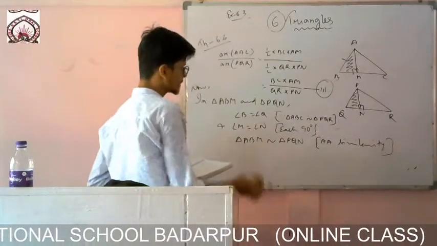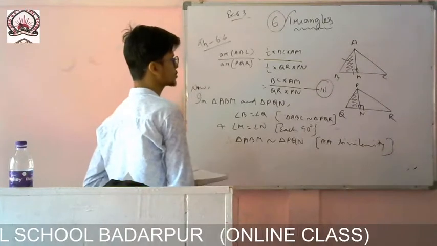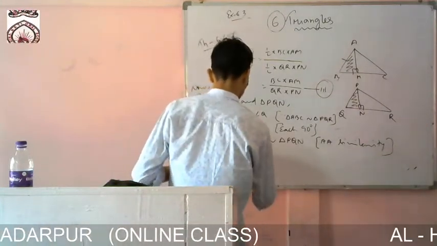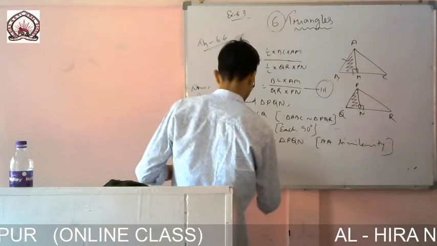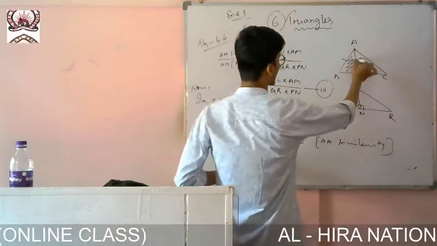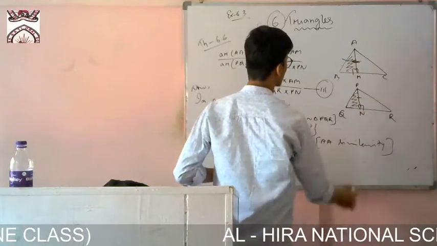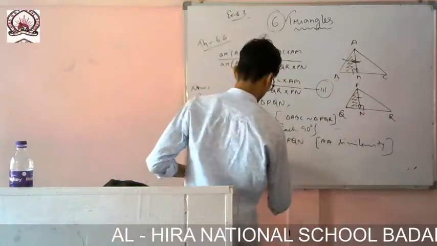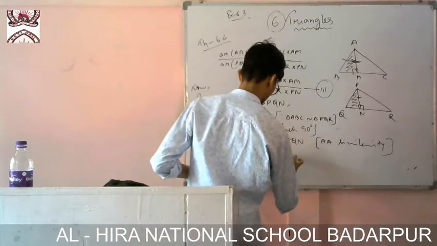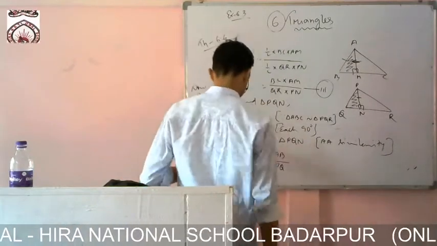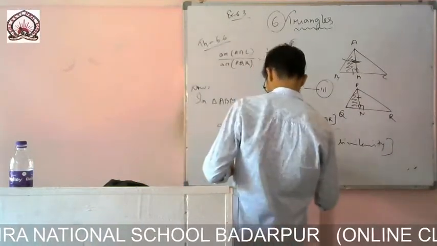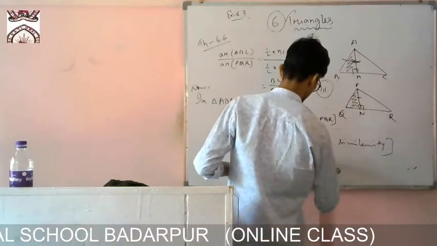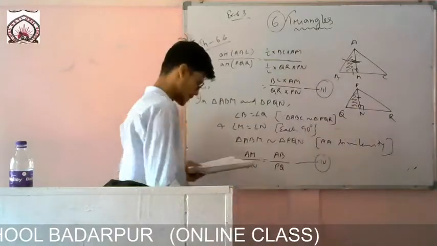If these two triangles are similar, then the ratio of their sides will also be equal. So AM by PN will be equal to AB by PQ. This is our equation number 4.